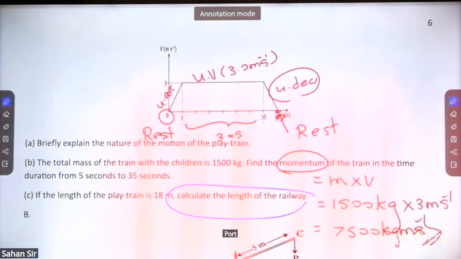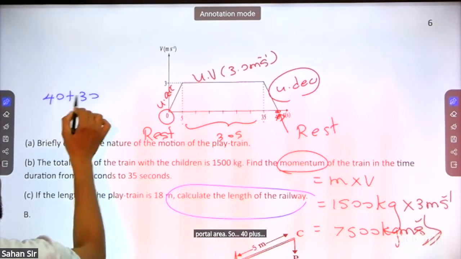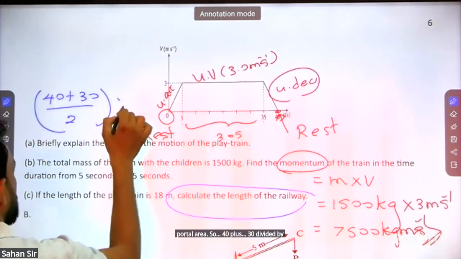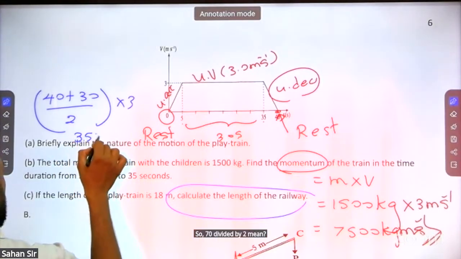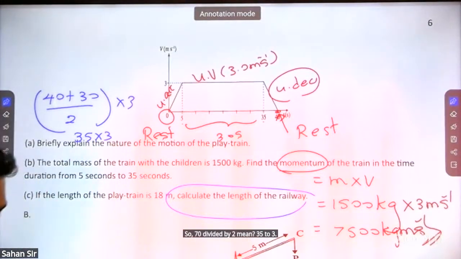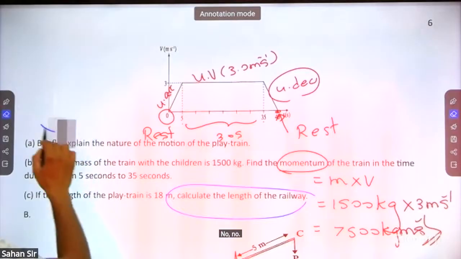Total area. So 40 plus 30 divided by 2 into 3. So 70 divided by 2 means 35 into 3.